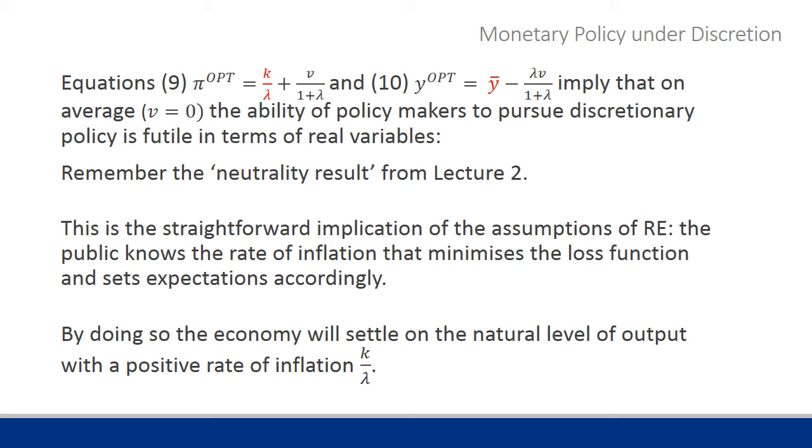So the implication of the assumption of rational expectations is that the public has full information and knows all the variables and outcomes of the model. Thus, the agent is going to assume that the solution is the inflation rate and will set its expectations accordingly, and that in turn will ensure that inflation is positive.